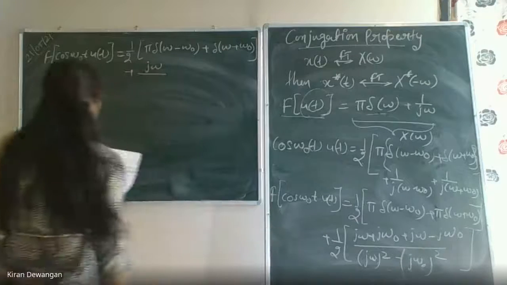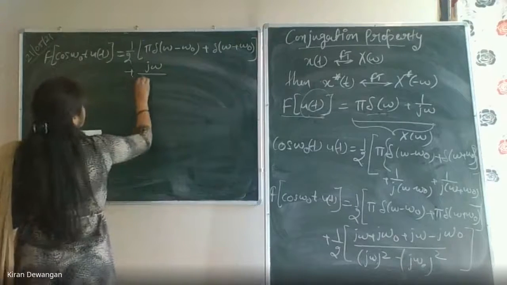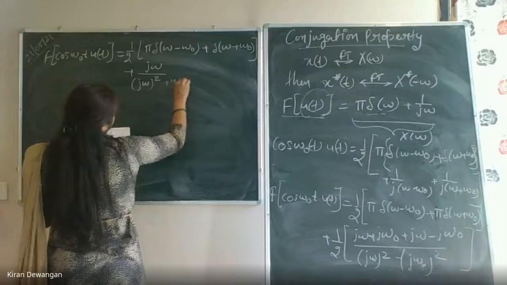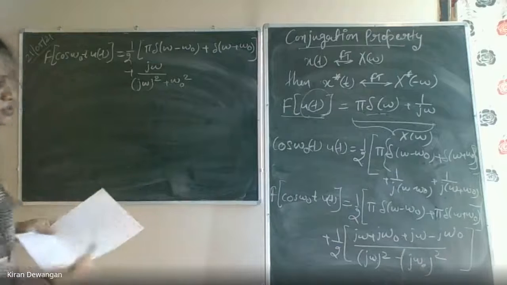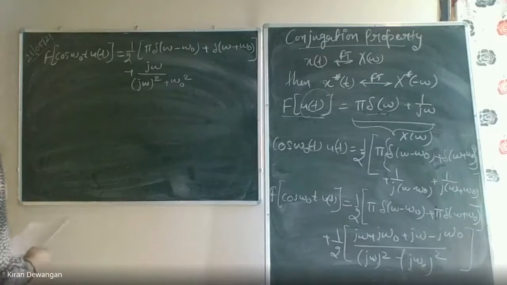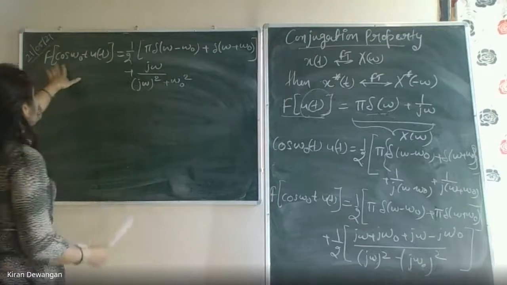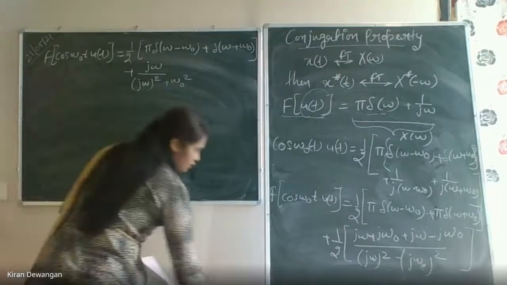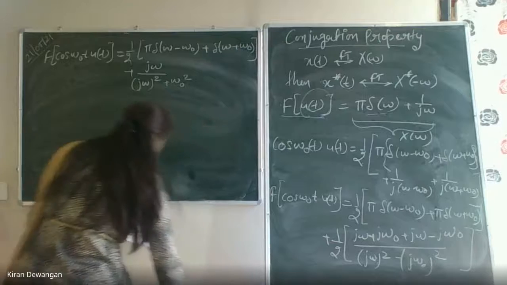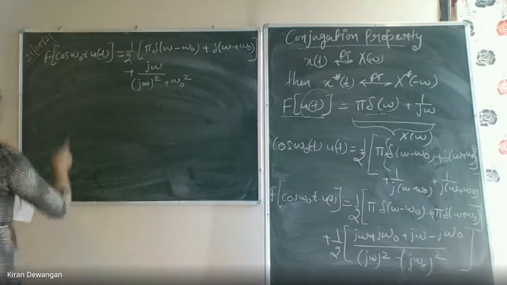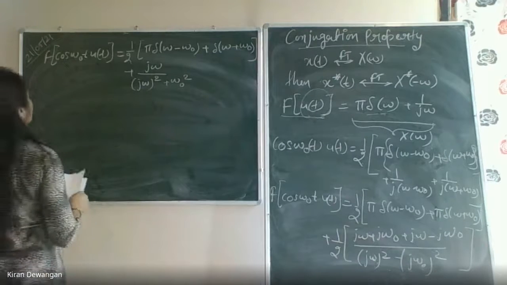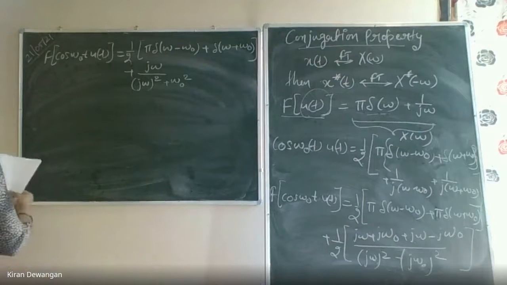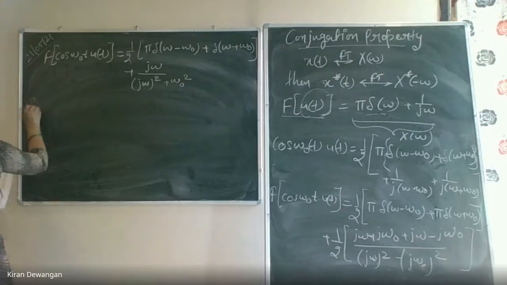After solving this one, this becomes j omega whole square plus omega naught square. So this is going to be the answer for the Fourier transform of cos of omega naught t u(t). That is just by making use of the property we have to solve the numerical. Similarly, if we multiply sine of omega naught t, we will get a different answer that we can solve later. Now coming to the next question.